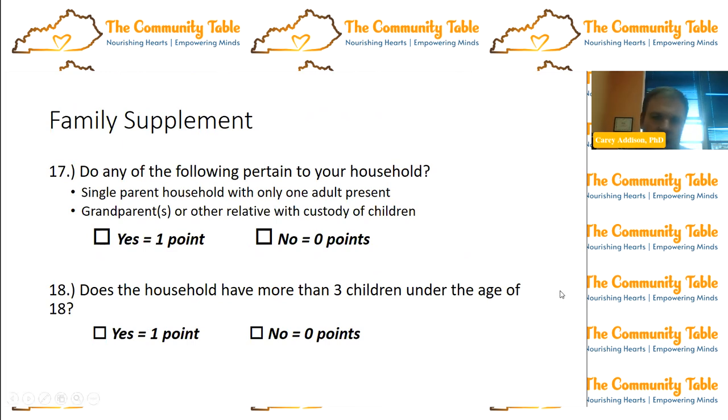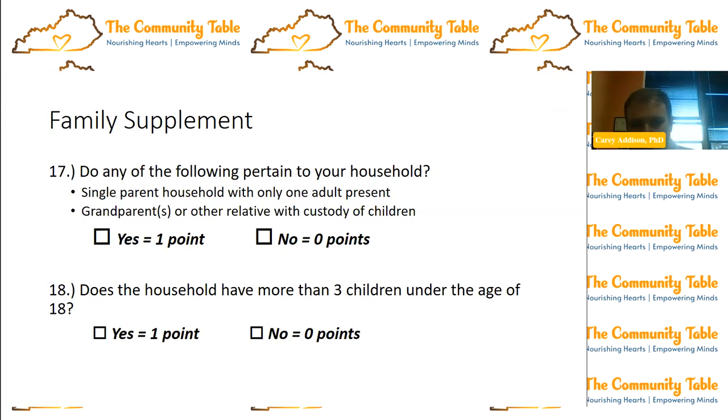We found single parent households with 1 adult, and also households where grandparents or other relatives have custody of the children can be difficult, because in both situations, it can be really difficult to work full time. If there's one person leading the household, or it's an older or disabled adult that are not the biological parents of the children working with them.